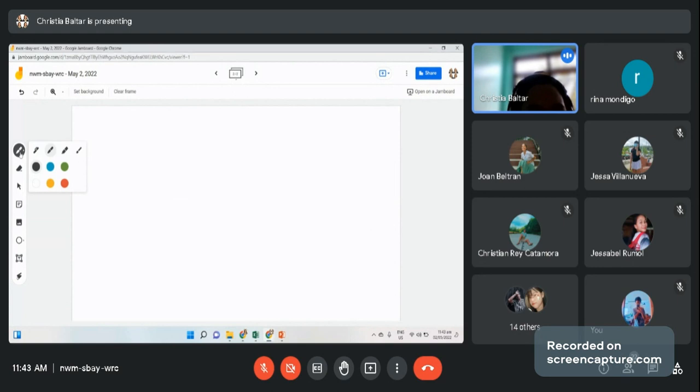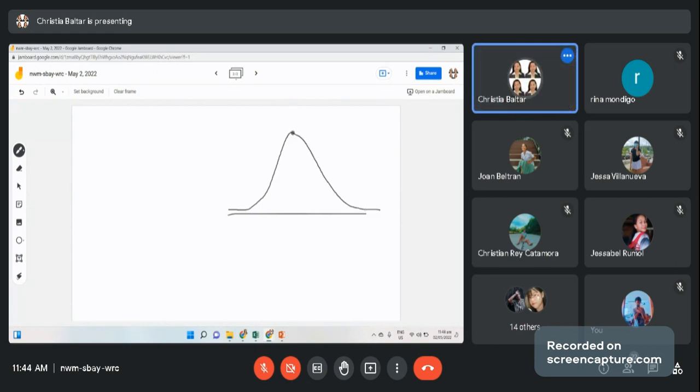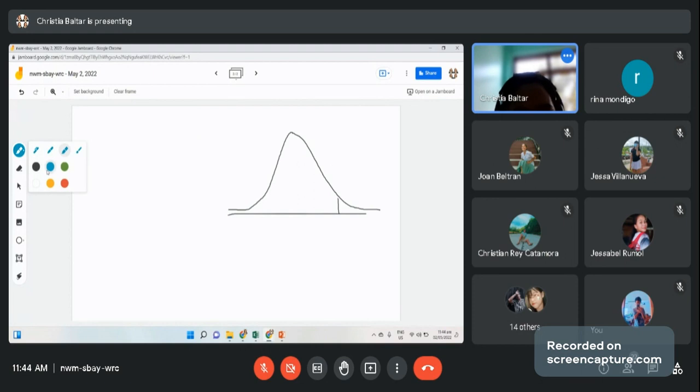Here, I will draw another normal curve. I'll try to have a one tail test. Let's say this is a one tail test. This is the area of rejection.